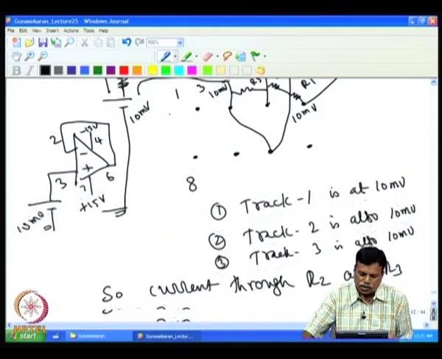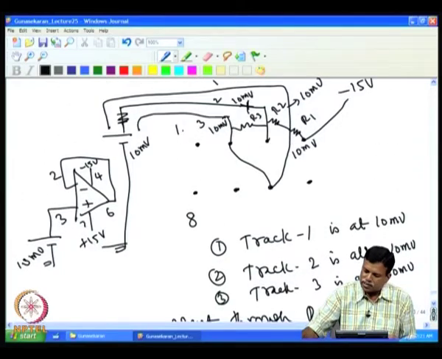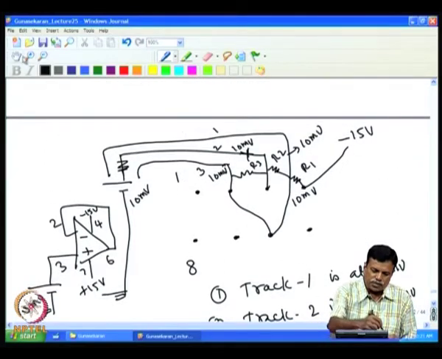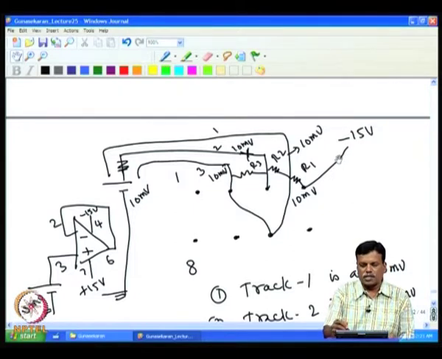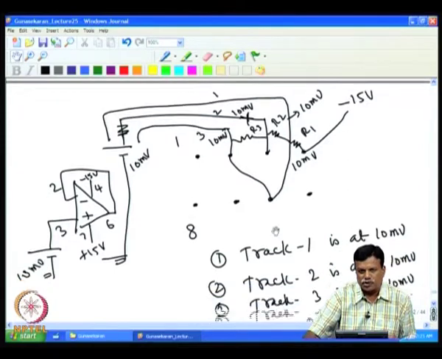There will be a current through R1 and that current actually flows through the output terminal. We can take this current as flowing through R1 and going like this. But this will not produce error at the output because the output impedance is 0.